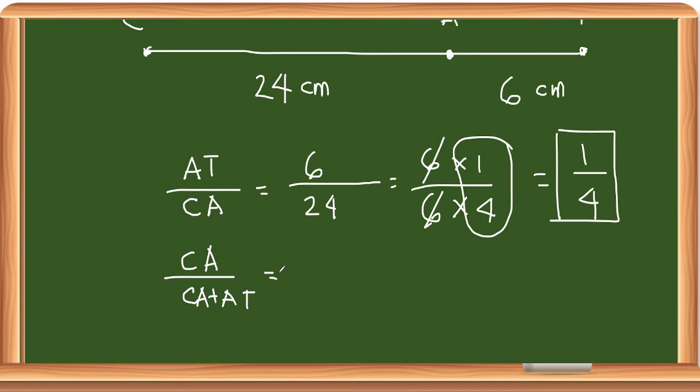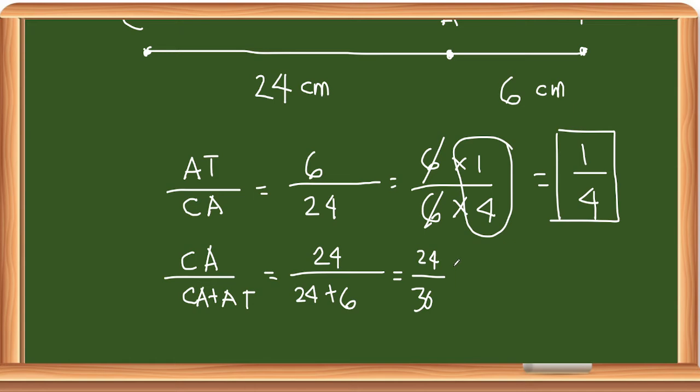So CA is 24, plus the segment AT is 6. So this is 24 over 30.